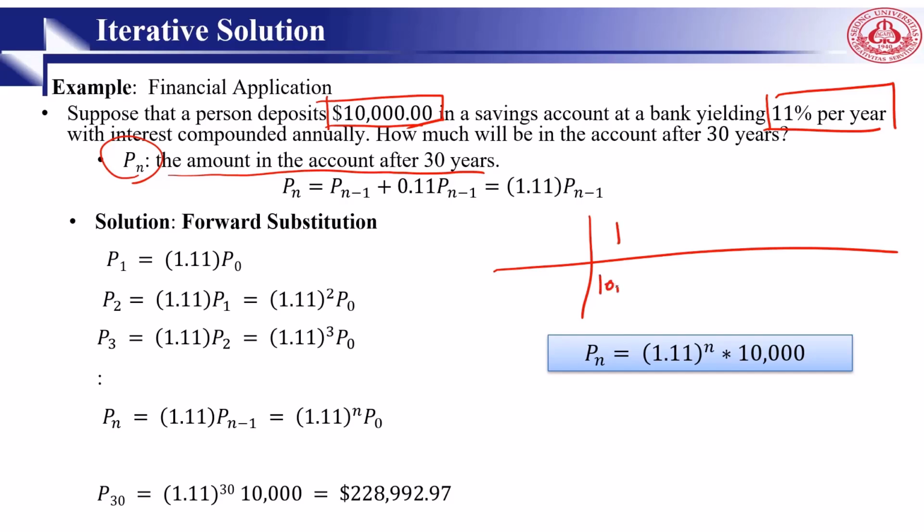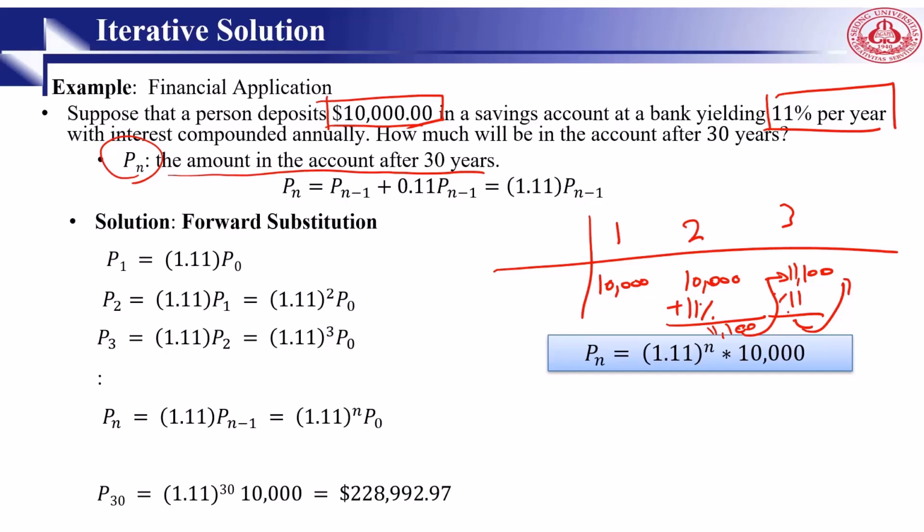So year 1, we have $10,000. In the second year, it will be 10,000 plus 11% of 10,000. Then this amount will come here and 11% of it will be calculated. Then it will go for the third year, the fourth year, and so on.